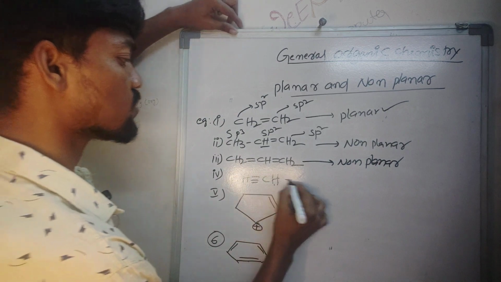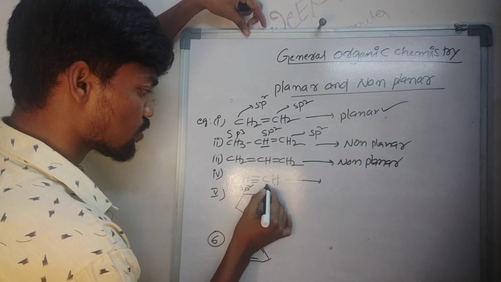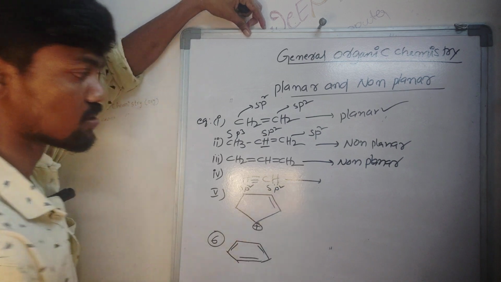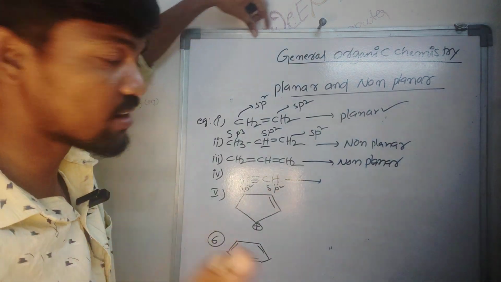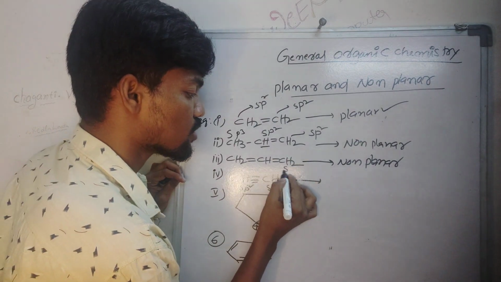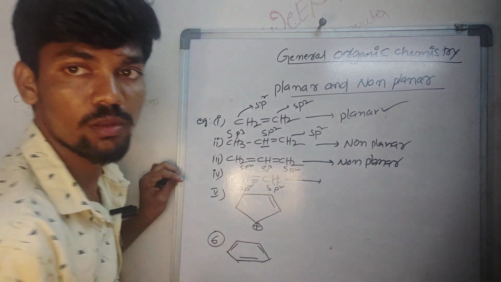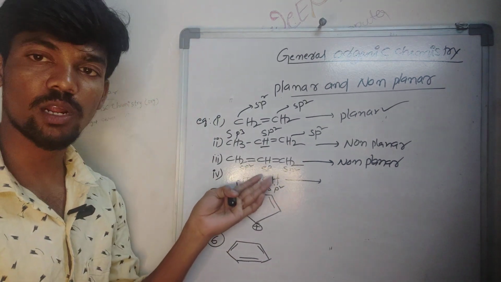It is non-planar. Coming to this one, a triple bond is there. According to hybridization here, this undergoes sp2, this will undergo sp, this will undergo sp2. So it's a mixture of sp2 and sp.